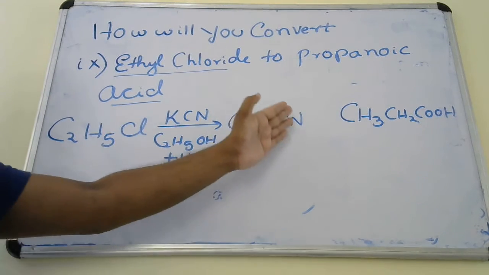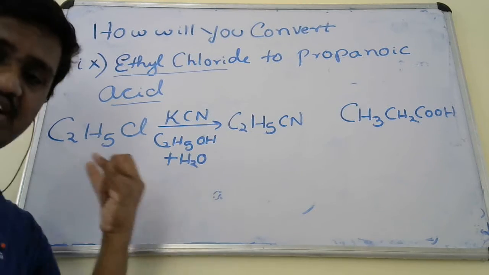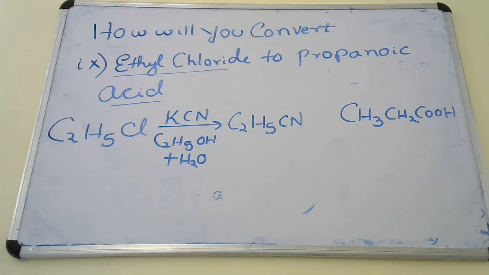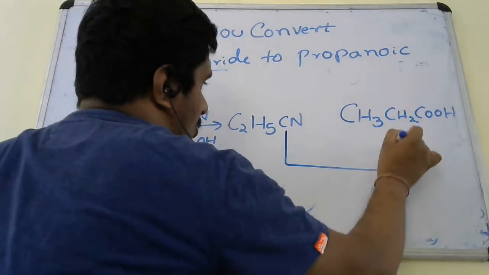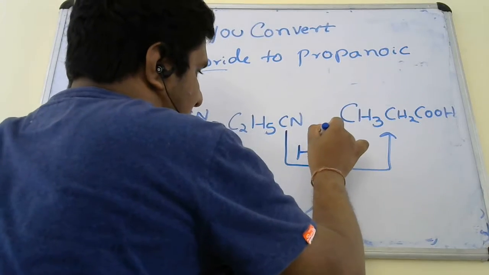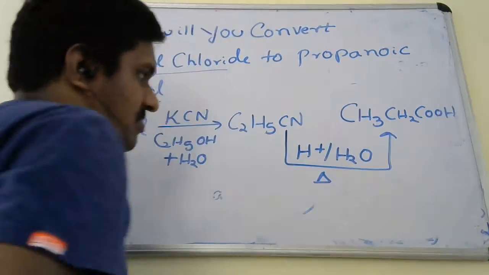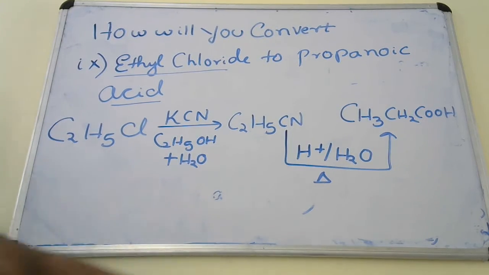Now you know cyanide is converted into carboxylic group by acid hydrolysis, H plus in presence of H2O. So our work is done, and we got the final result.